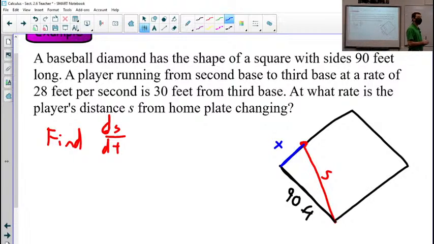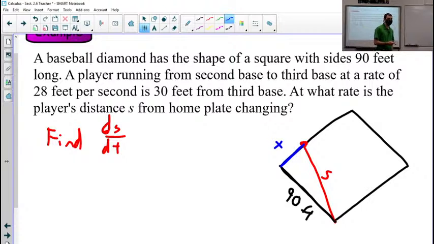Another way of saying this is, yesterday we said that the distance between third base and home plate, maybe we called y, had dy/dt equal to 0. So the rate of change of that distance was 0.